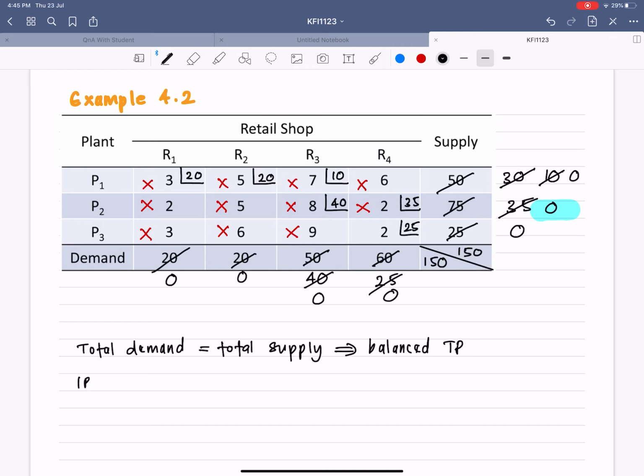For the initial basic feasible solution, we want to find the total transportation cost.